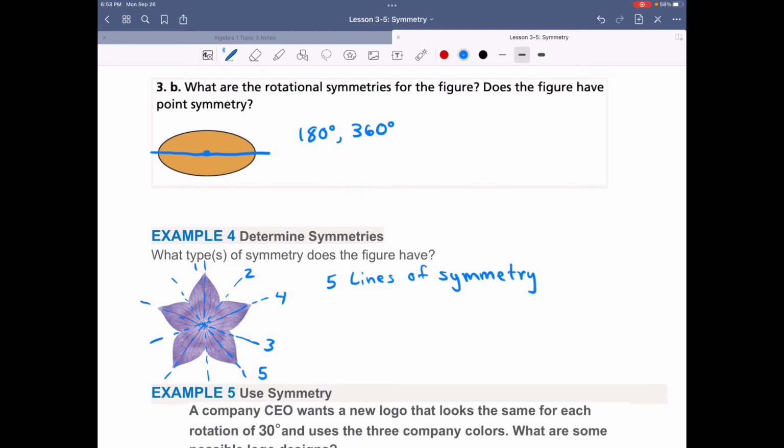And it also has rotational symmetry. So if we divide 360 degrees by 5, because it had 5 lines of symmetry, let me think about this, it would go in 72 times. And then we just keep adding 72. So 72 plus 72 is 144.